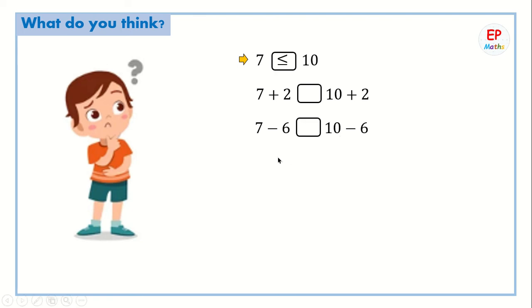Look, what happens if we subtract 6 from both sides of the inequality? Will the sign reverse or not reverse? If we have 10 is more than 7 and we add 2 on both sides of the inequality, will the sign reverse or not reverse?